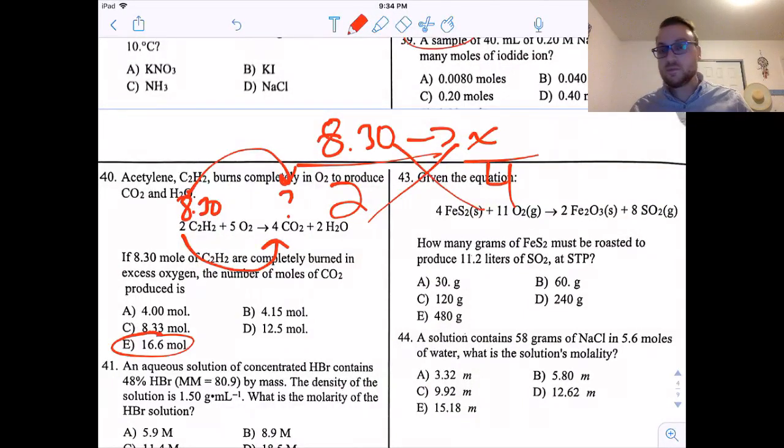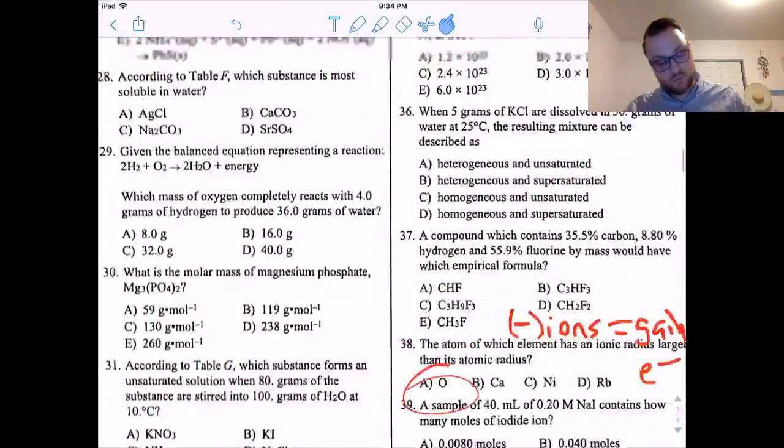Next, 36. 5 grams of KCl is dissolved in 50 grams of water at 25 degrees. The resulting mixture can be described as table G. All right, so first, it's 50 grams of water, and it's 25 degrees, and it's KCl, and it's 5 grams.